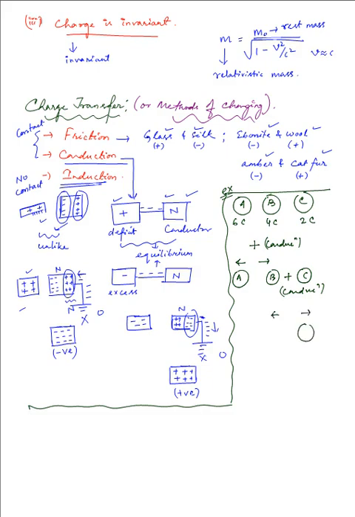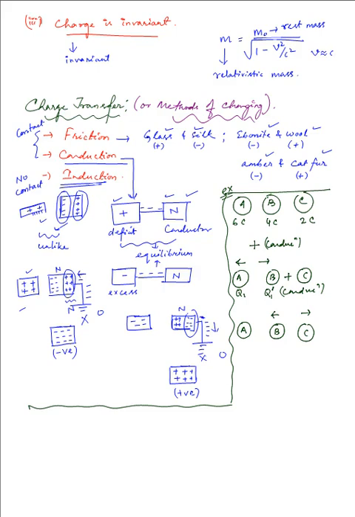So C will carry some charge, B will now carry some charge, and A already carries this amount of charge. Let's suppose this is Q1, this is Q1 dash, and this one was something with C was having 2 coulomb.